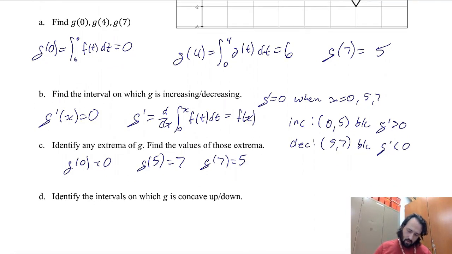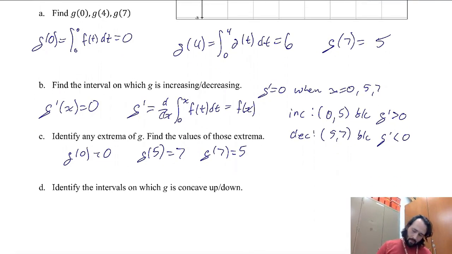So I have a relative min, because that's an endpoint. I should have given you all more room, I'm sorry.